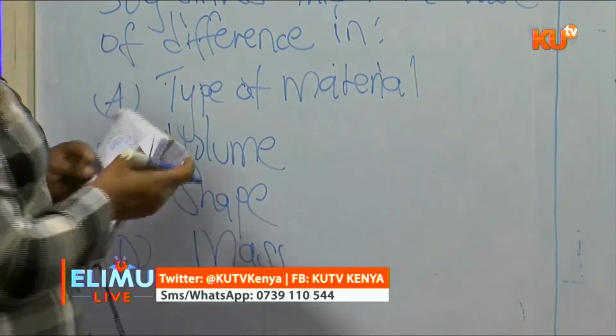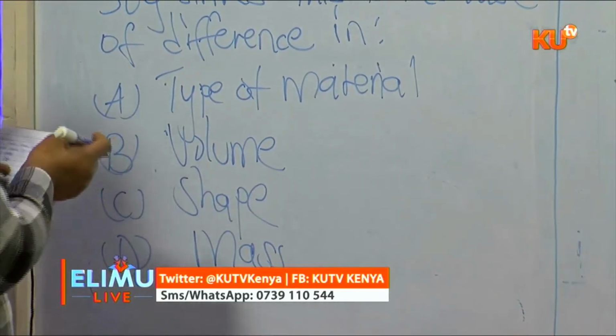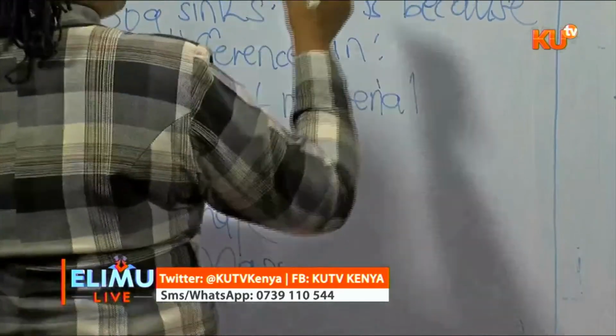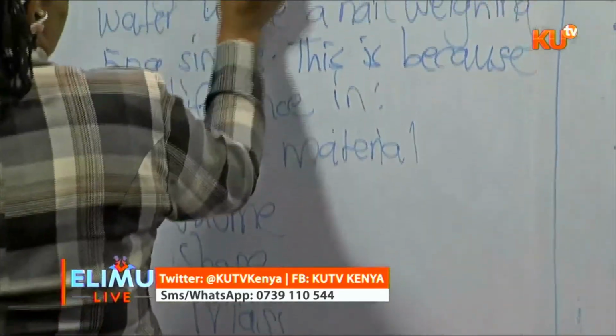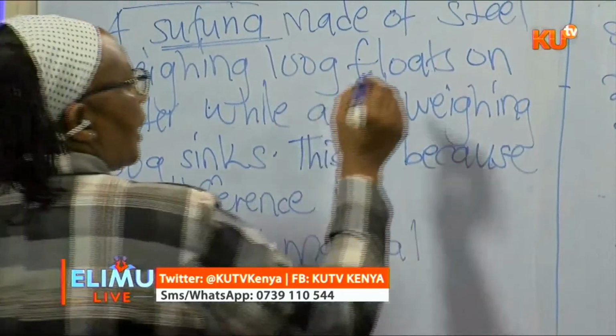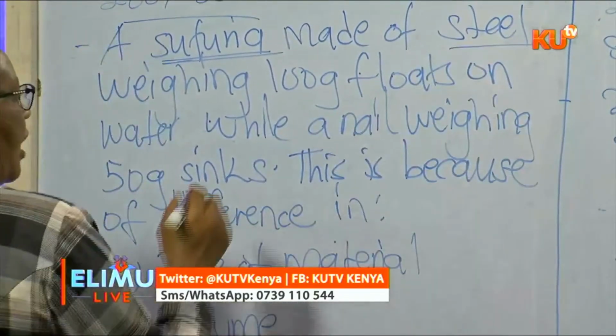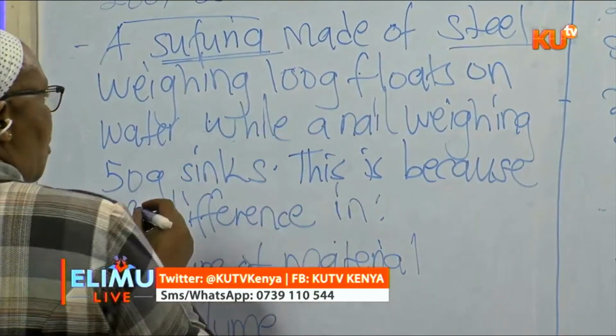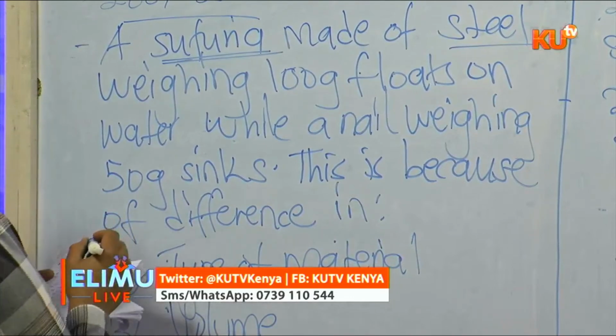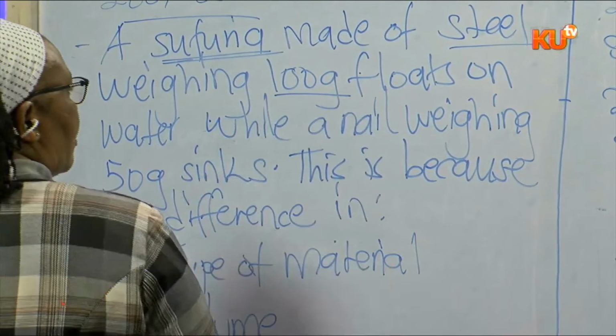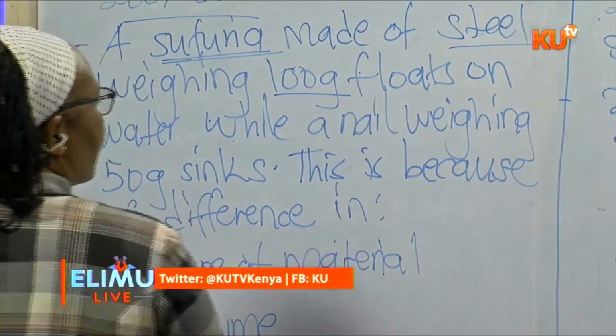Now, if we read the question, a sufuria made of steel, you underline the keywords. It is a sufuria, it is a keyword there. It is made of steel and it is weighing 100 grams. And what does it do?